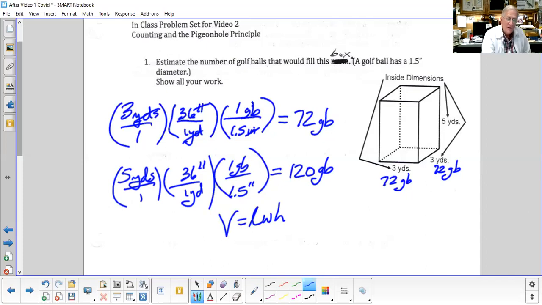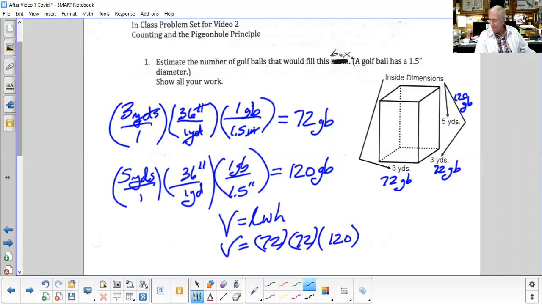And of course, we found the height of this to be 120 golf balls. So the volume is 72 times 72 times 120.